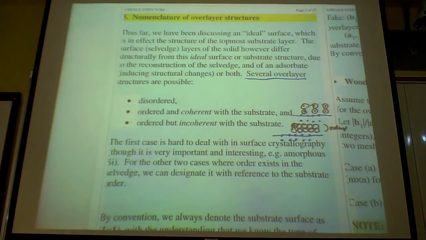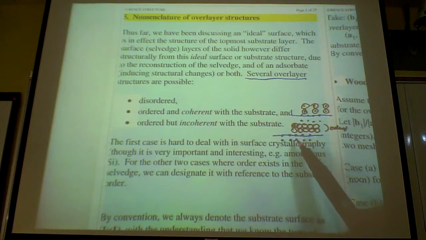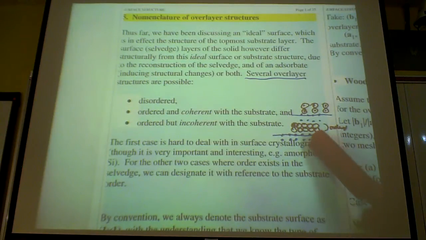So a classic example of this will be ice, for example. Ice on anything. Water itself has very strong intermolecular forces, so it just forms its own bond. It doesn't need to form bonds with reference to the substrate grid that you have.